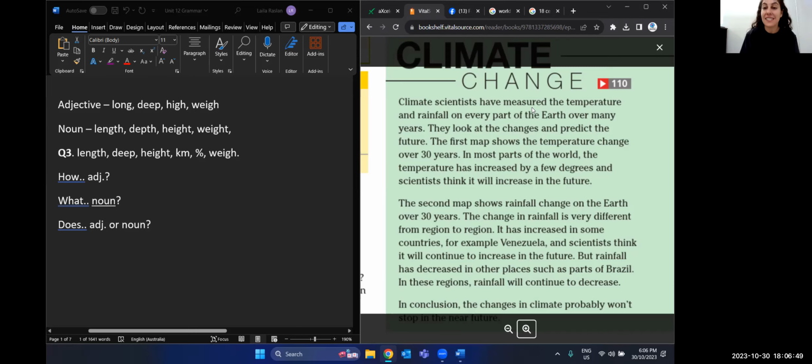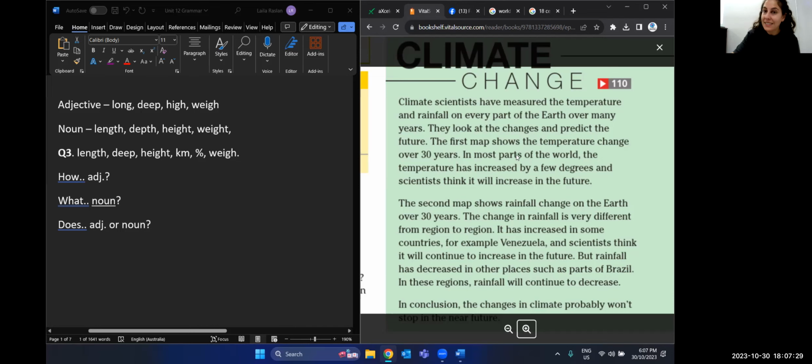Okay, so climate scientists have measured the temperature and rainfall on every part of the earth over many years. They look at the changes and predict the future. The first map shows the temperature change over 30 years.